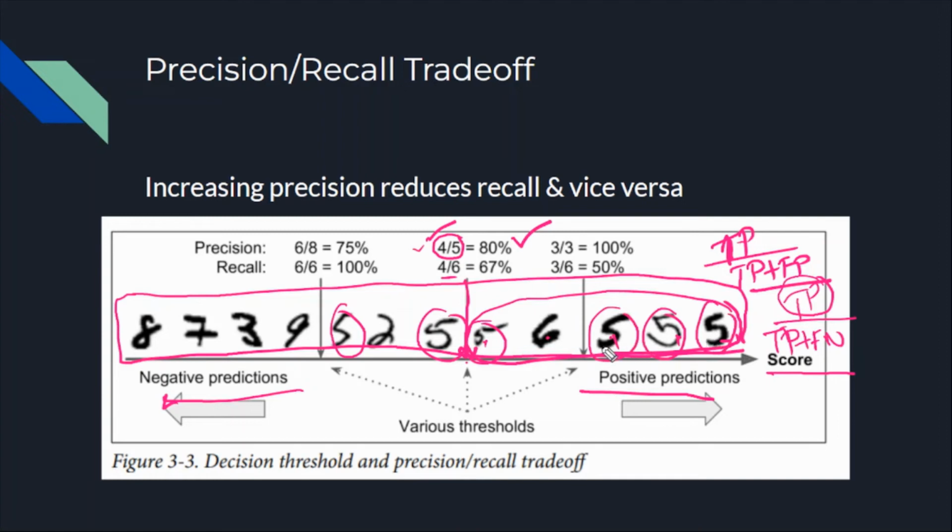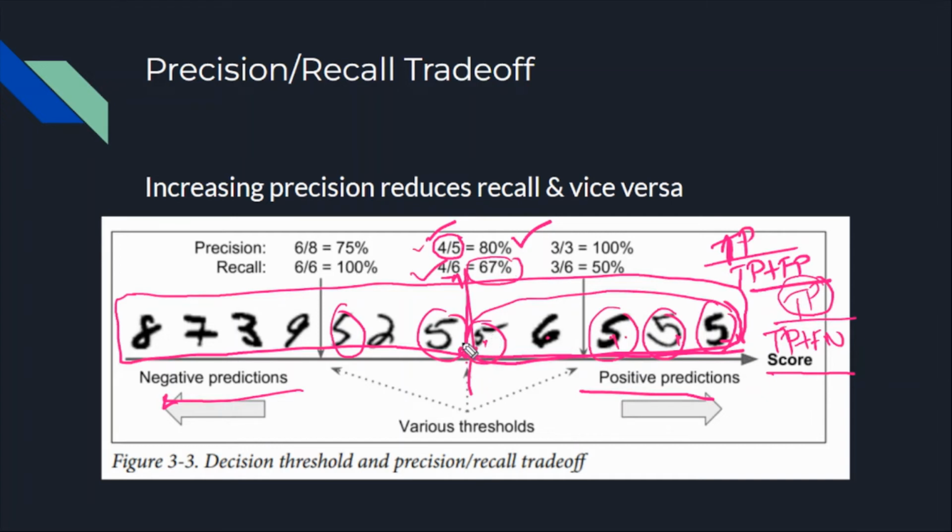So 1 2 3 4 5 6, the actual positive values are 6, out of which, if I decide this is my threshold, how many positives did my model predict? 1 2 3 4, so 4 by 6, my result becomes 67%, right?